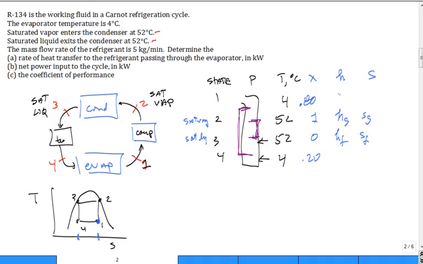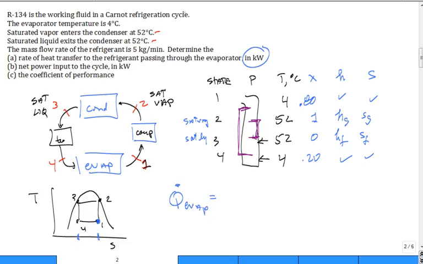And then you would calculate the h's and s's. Let me just show you the solution to this problem because, first of all, what do we ask to calculate once we get our pressures, temperatures, enthalpies, entropies, all the properties, and then we get all the Q's and W's for each of the components? We're asked to calculate the rate of heat transfer to the refrigerant passing through the evaporator. So this would be in kilowatts. This is Q dot in the evaporator.